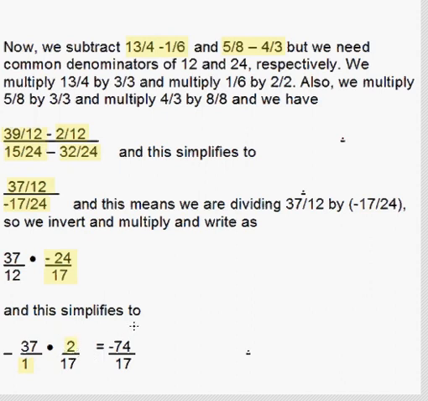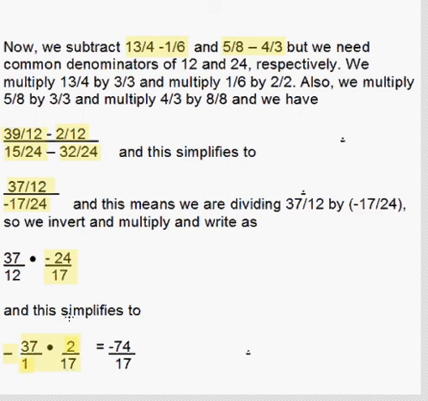And notice what I've done with that negative sign. We have a positive times a negative. I've just moved the negative sign out in front. We're going to end up with a negative answer, so I just put it out in front. We have negative of 37 over 1 times 2 over 17.